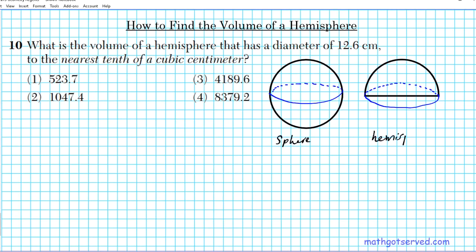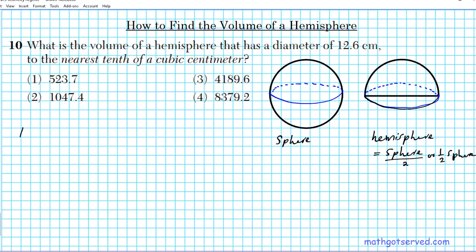And a hemisphere is basically a sphere that has been divided by 2, sphere over 2, or you can write it as 1/2 of a sphere. Now that we know the relationship between a sphere and a hemisphere, we can write down the formula for the volume.